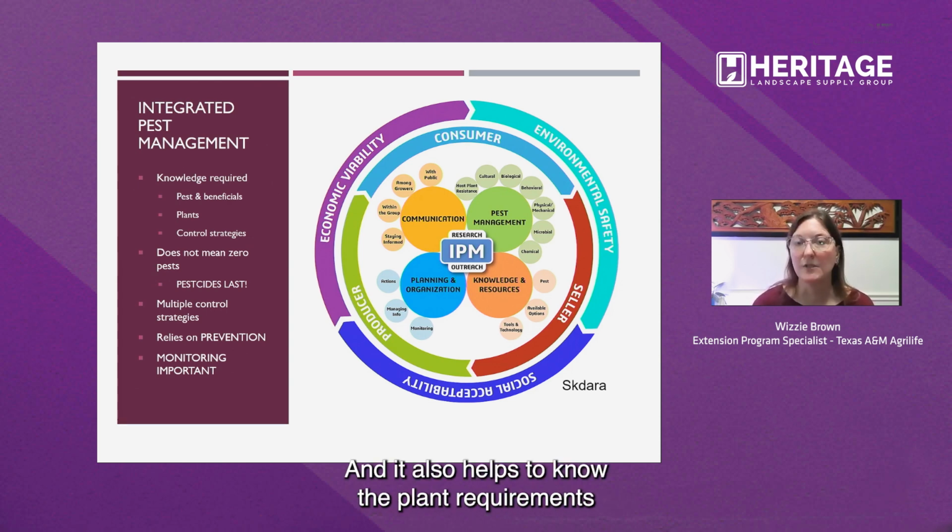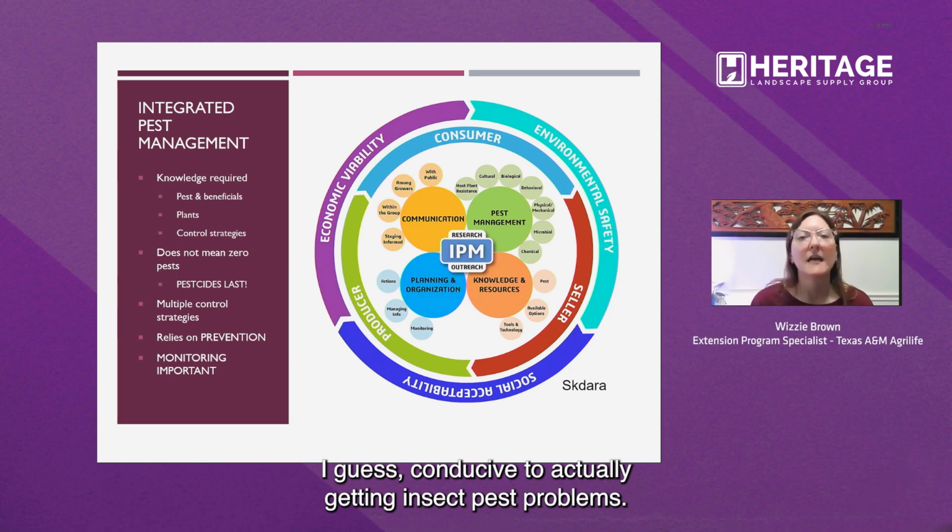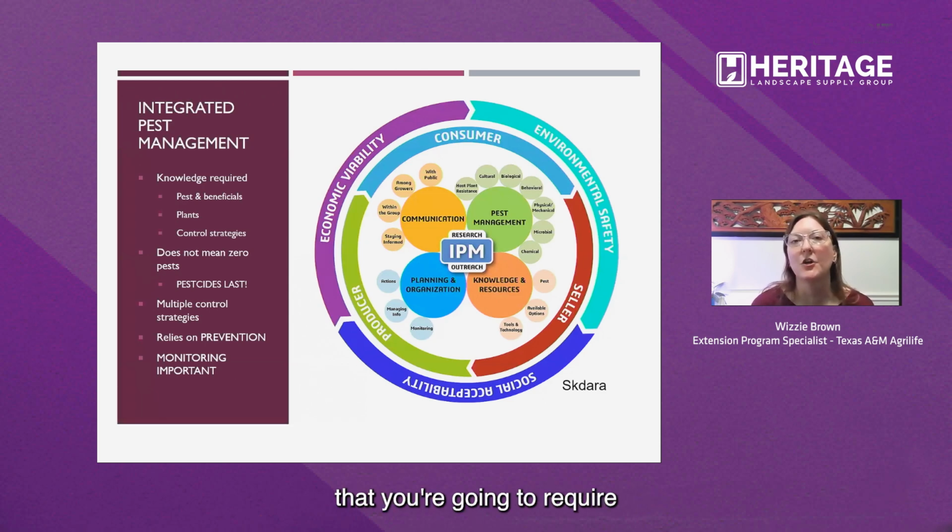It also helps to know the plant requirements, because plants are going to need specific things to thrive. And if they're not thriving, then they can be more conducive to getting insect pest problems. The last part of knowledge that you're going to require is different control strategies, which we will be covering today as well.